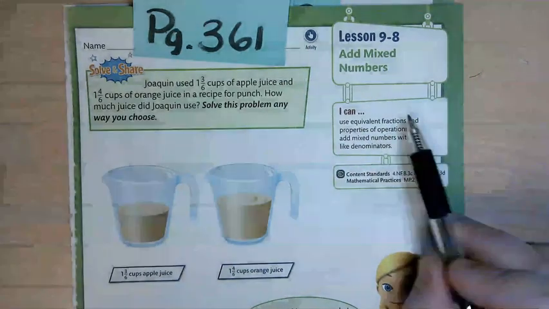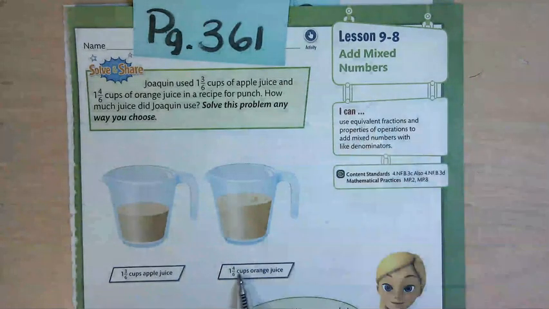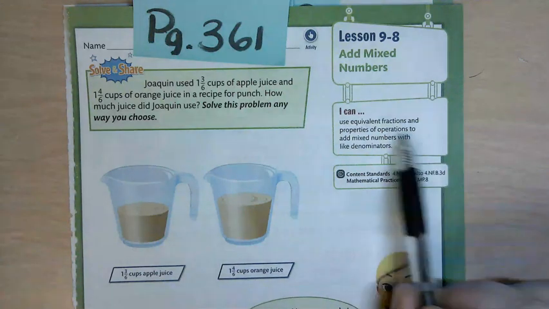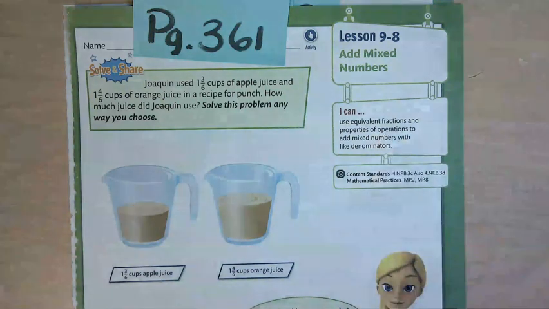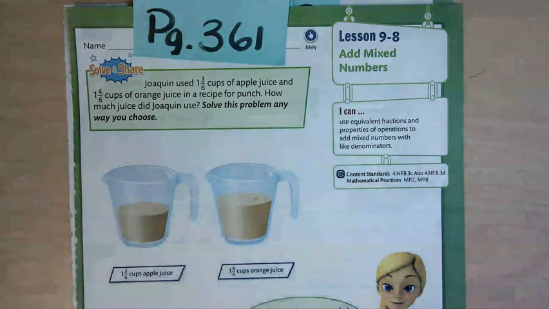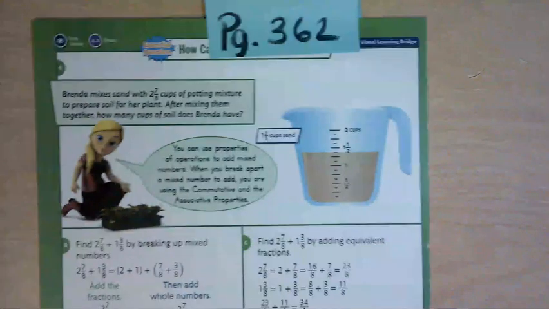All that means is that when we have fractions that we can add together because they have the same denominator, we can also use what we know about addition, some of the properties of that, which is that we can add in any order we want to. So we're going to take a look at what that looks like when we're actually doing the math with adding mixed numbers. Would you go ahead and turn with me to page 362?